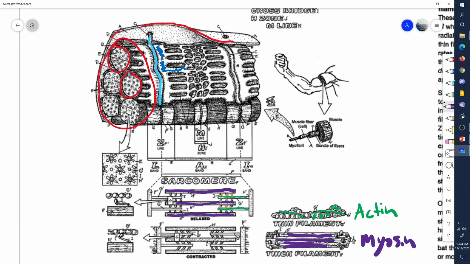Watch how these two interact. How does a muscle contract? Here is the sarcomere. The sarcomere is the actin and myosin together.